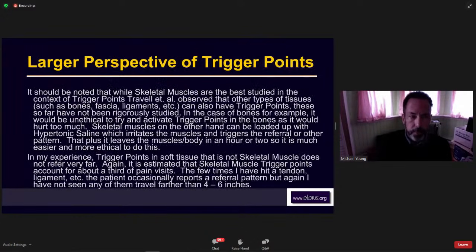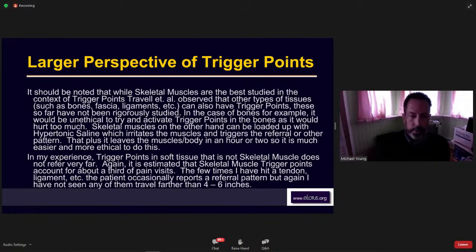In the larger perspective, it should be noted that while skeletal muscles are the best studied in the context of trigger points, she observed that other types of tissues like bones, fascia, ligaments, etc., can also have trigger points. These so far have not been rigorously studied, as far as I know. In the case of bones, for example, it would be unethical to try and activate trigger points.